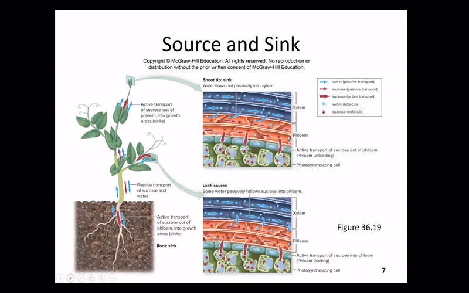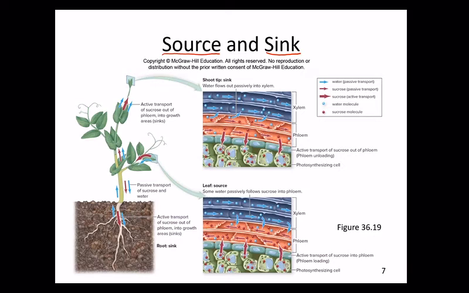Okay? So there are two terms that are important when we consider the movement, and that is the source and the sink. And so the source of the particular metabolite we were looking at is going to be where it's being produced or being moved into the phloem.